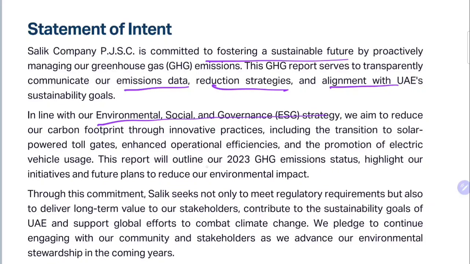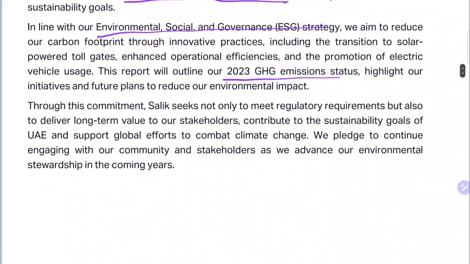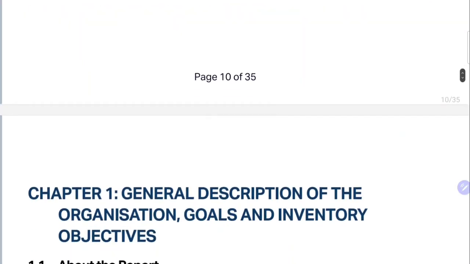Also, in this report, the company outlined the 2023 emission status, highlighting the initiatives and future plans. Through this commitment, Salik seeks not only to meet regulatory requirements but also, as I said, to deliver long-term value to the stakeholders and contribute to the sustainability goals of the UAE, the country actually.